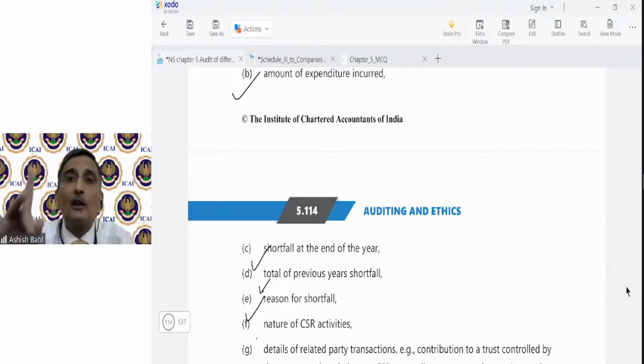कि भैया shortfall तो disclose करना है कंपनी को, जितना अमाउंट स्पेंड करना चाहिए था and the amount which it has spent. If there is a shortfall, it has to be disclosed. Reasons for shortfall have to be given. Previous year shortfall has to be given.